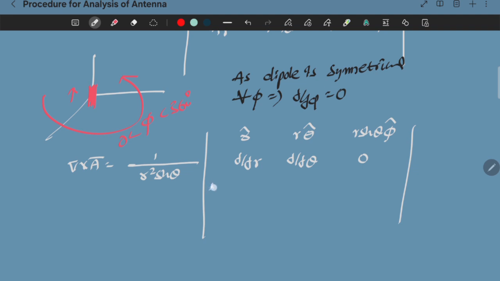So I'm writing that one, mu by 4 pi I dl e power minus j beta r by r cos theta, minus mu by 4 pi I dl e power minus j beta r by r sin theta, and the last one is 0.